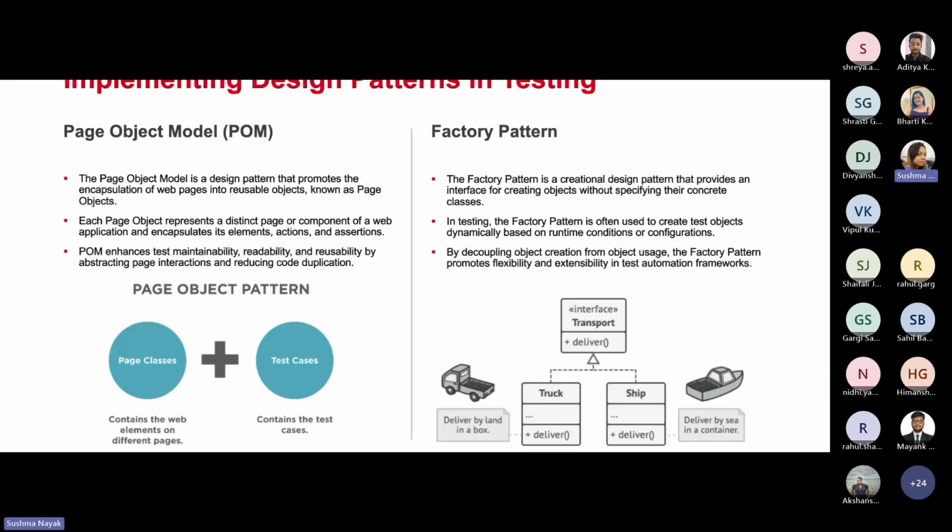Now the purpose is that the factory pattern aims to delegate the responsibility of object creation to specified factory classes, and it abstracts the process of object creation. It allows clients to use a common interface to create objects without being aware of their concrete implementations.